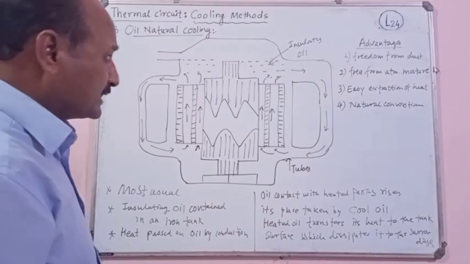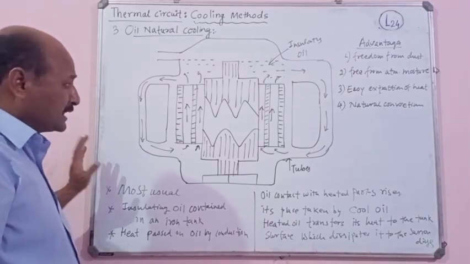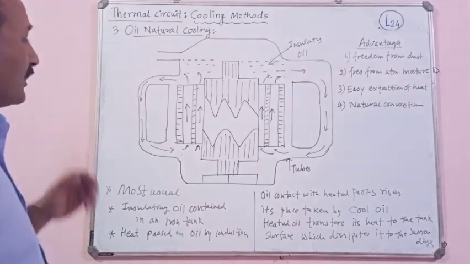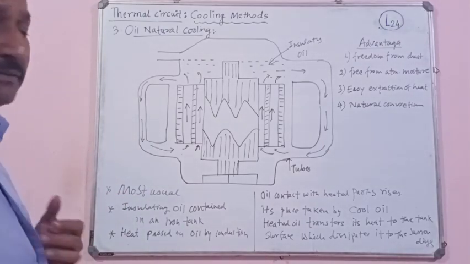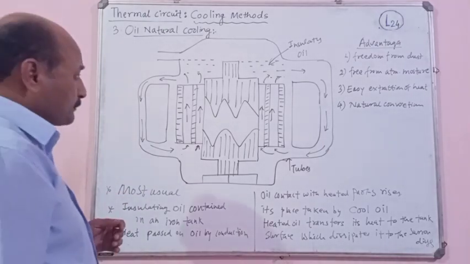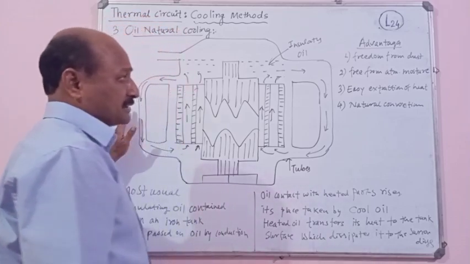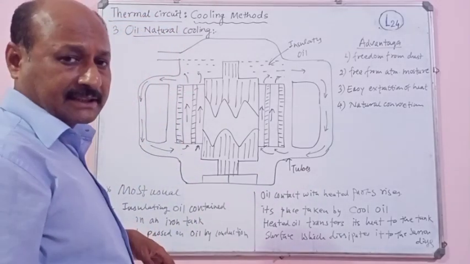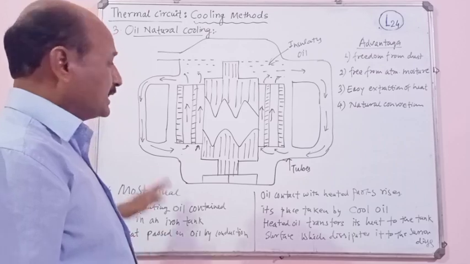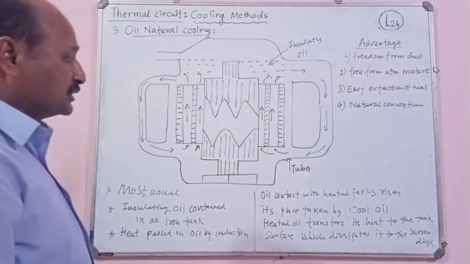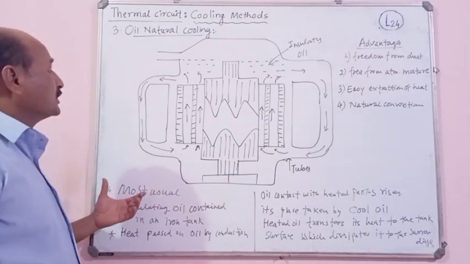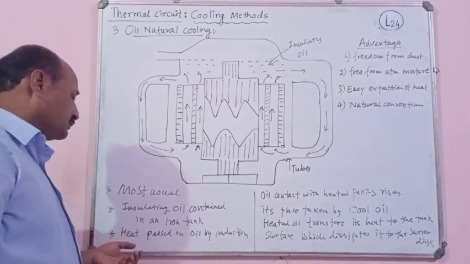Second, it is free from atmospheric moisture. Third, it is easy to extract heat, and fourth, natural convection is possible. Due to these advantages, oil natural cooling is mostly useful.